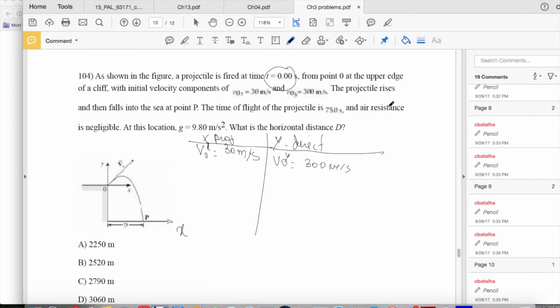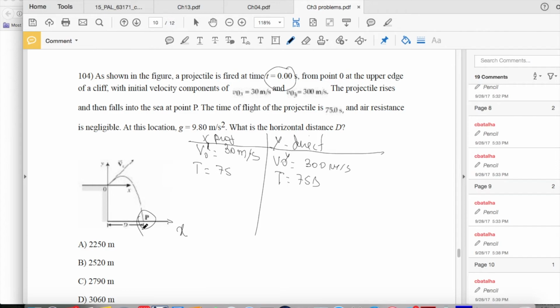The projectile rises and then falls into the sea at point P. The time of flight of the projectile, so t, is 75 seconds, no matter if seen from the x or y projection, the time is the same, it doesn't matter. And air resistance is negligible. At this location, gravity is given.